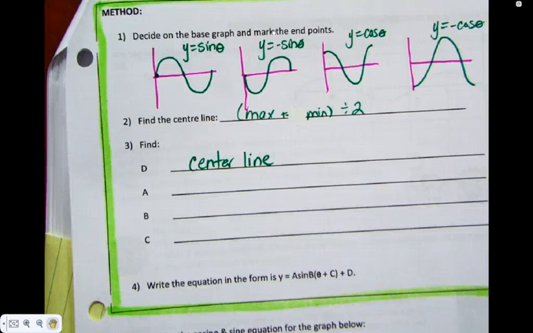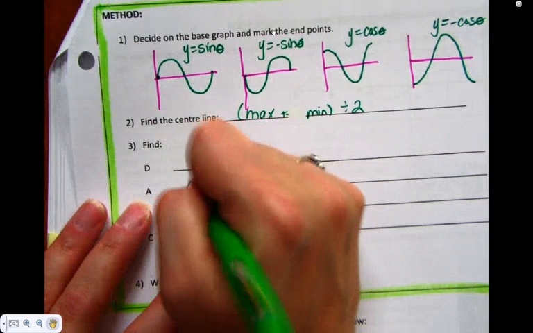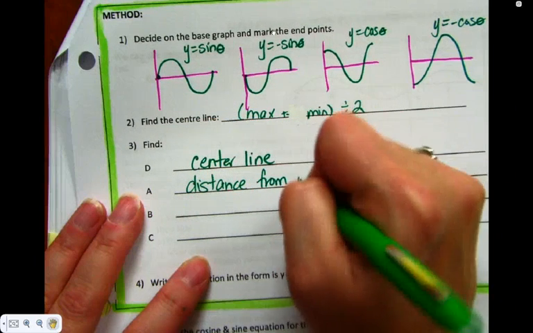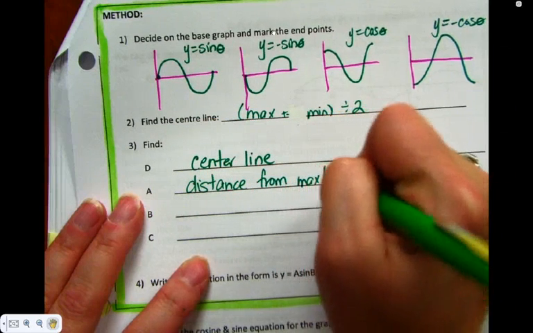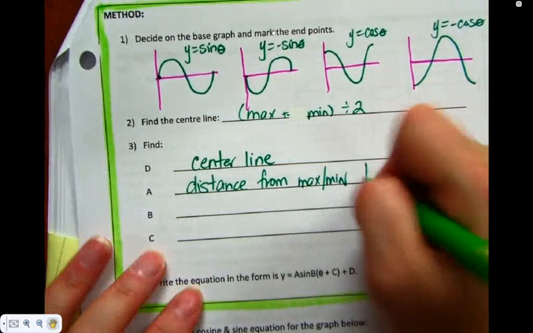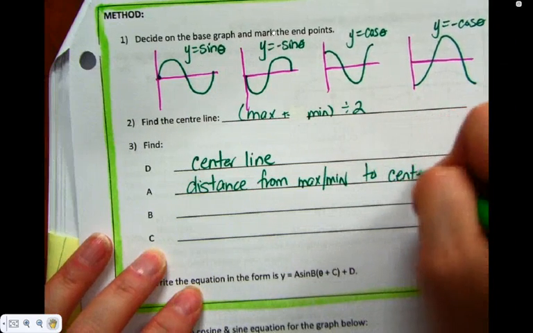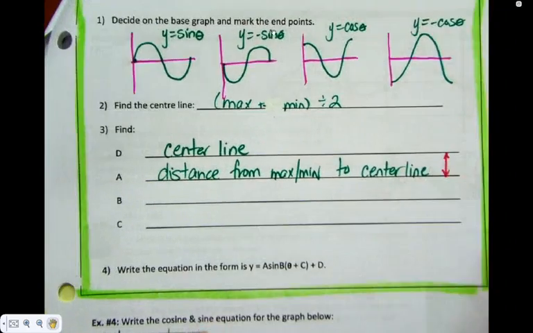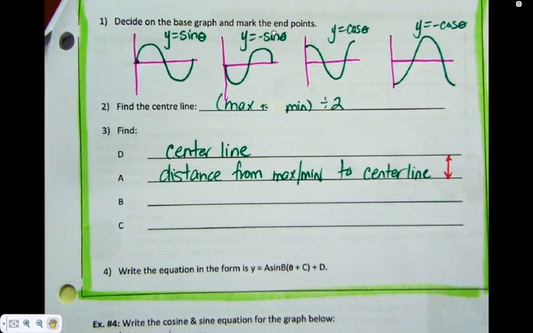So we physically just count on the graph. So it's the distance from max or min, it doesn't matter which one you use, to center line. And for the visual peeps, that's a vertical distance we're talking about. So we're just counting up or counting down, depending which way you want to go.